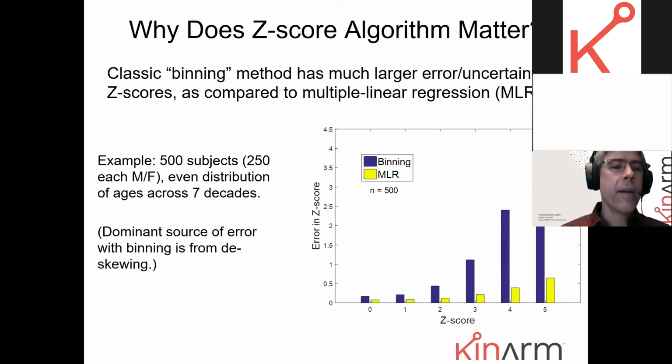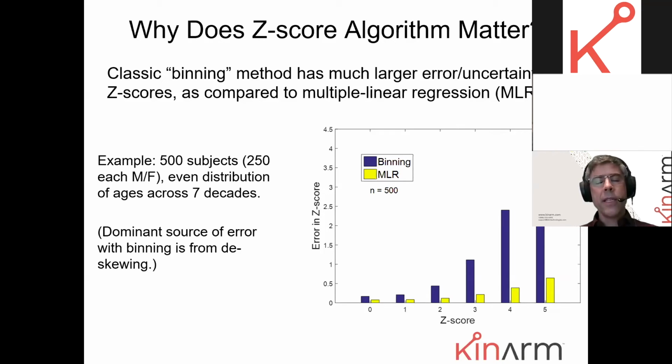I'll give an example where maybe you've got 500 subjects, which is quite a large database, and if you split that evenly across ages, then again, what the classic binning method does is it'll look at all the 20 to 30-year-olds in one bin, and then independently look at the 30 to 40-year-olds, and then independently the 40 to 50-year-olds, and such. And when you take that approach and then you build models, you can then ask afterwards, okay, what's my accuracy or error in my Z-score?